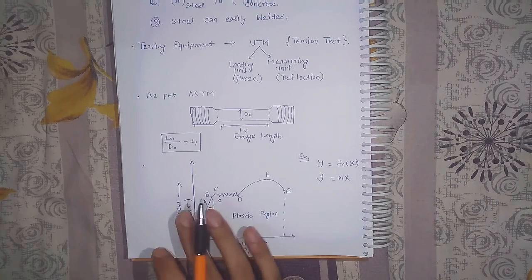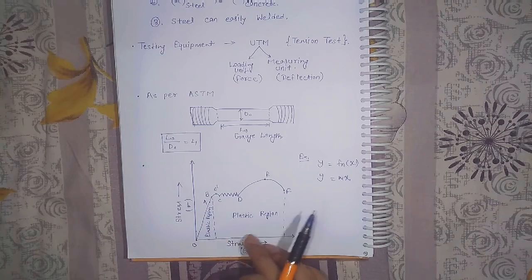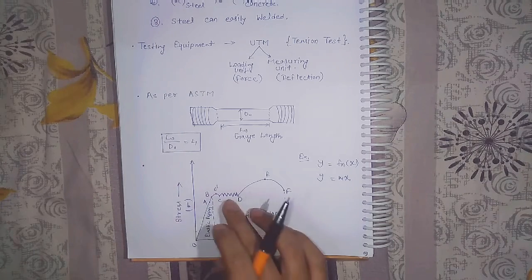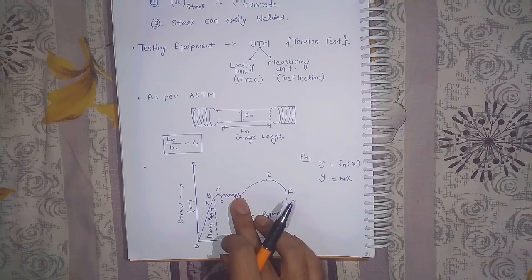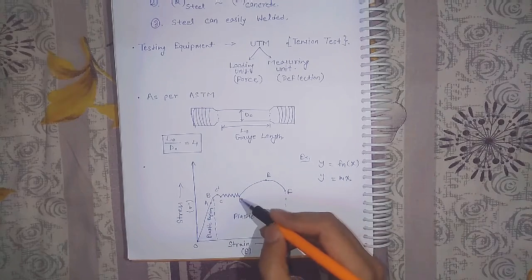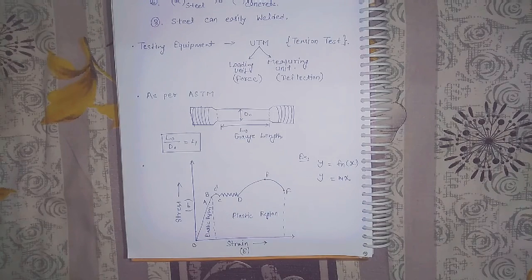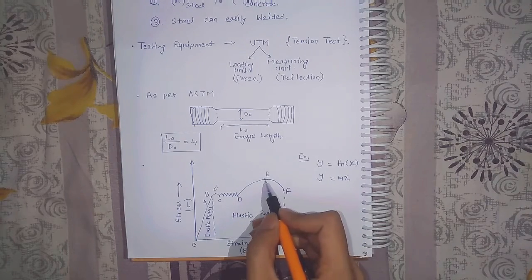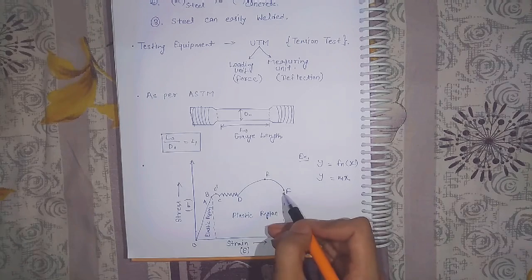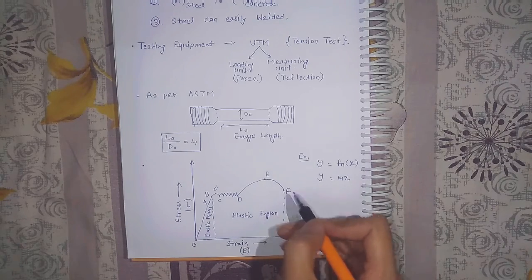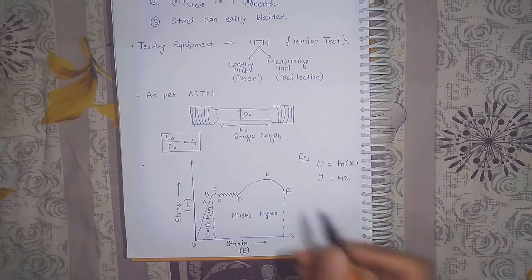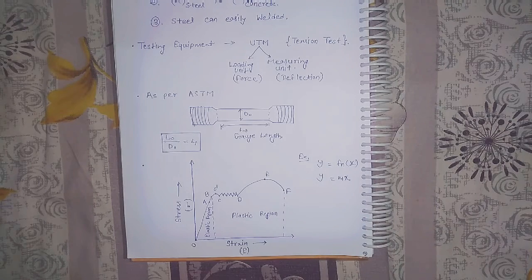Without a change in stress, the strain keeps on increasing. That shows the plastic region, the plastic behavior. Then there is strain hardening, and E is the point which shows the ultimate stress value. Then from E to F is strain softening. After that F will be found, that is the fracture point.